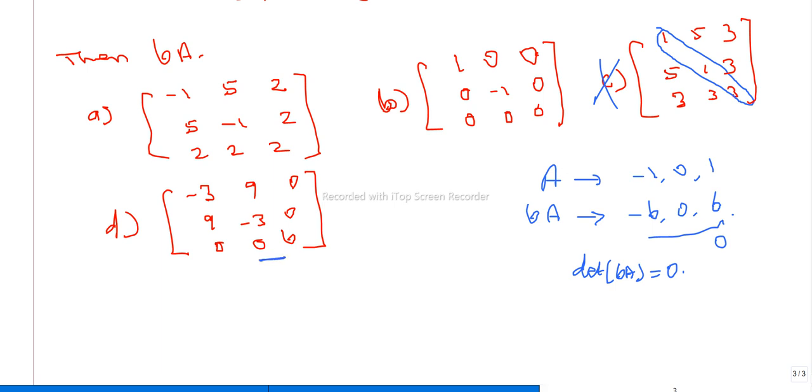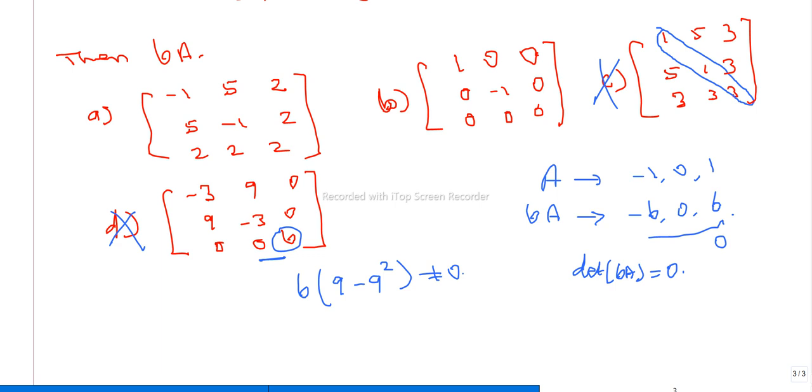You have to find the determinant of this one. You can expand via the last column: 6 times (3 into 3, 9 minus 9 square). Anyway, this is a non-zero number. Therefore the determinant is non-zero, so option D is not correct because the determinant should be 0.